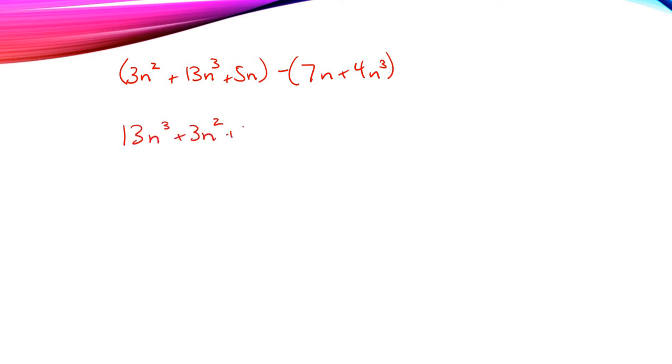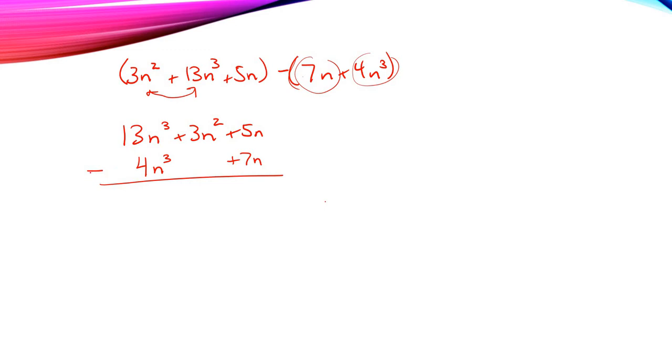So the problem was 3n squared plus 13n cubed plus 5n minus 7n plus 4n cubed. And again, I'm going to put the terms in order from largest power to smallest power. So I've just rearranged my first polynomial a little bit. And then I'm going to be subtracting, and again, I've got to put these terms under their appropriate spots. So this is a positive inside the parentheses, so that's a plus 7n, and we have a 4n cubed out here.